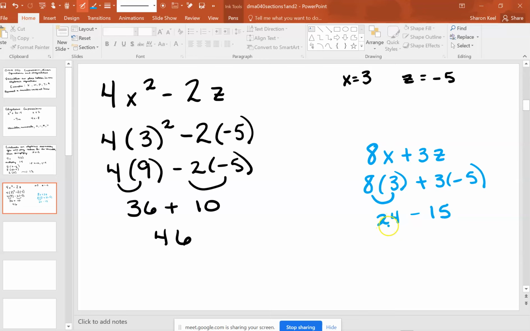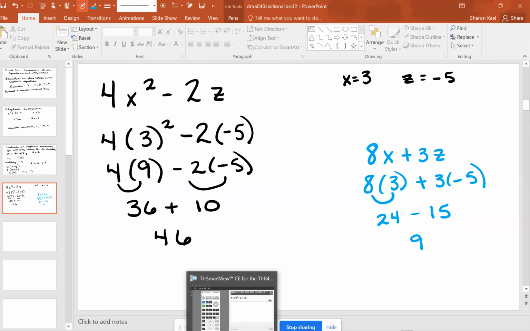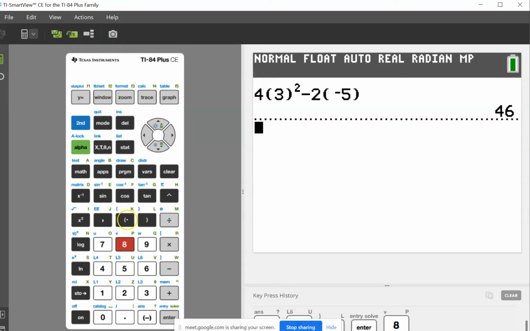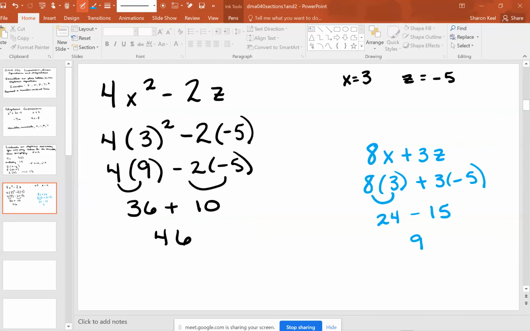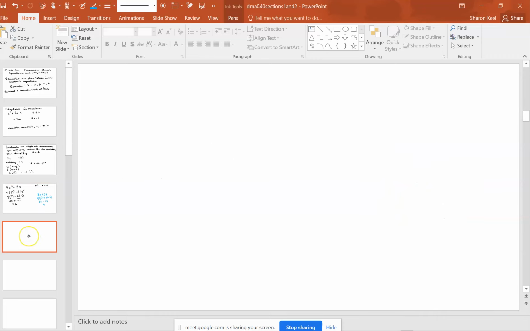And 24 minus 15 is going to give us 9. So here you're going to type in 8 times 3 plus 3 times negative 5, and that's going to give you your 9. So evaluating an expression is plugging in a value and simplifying that expression.